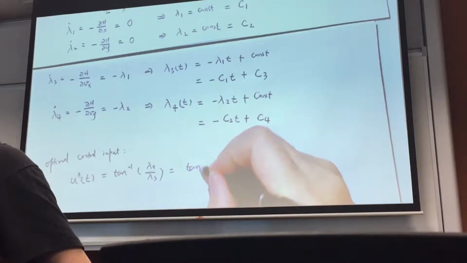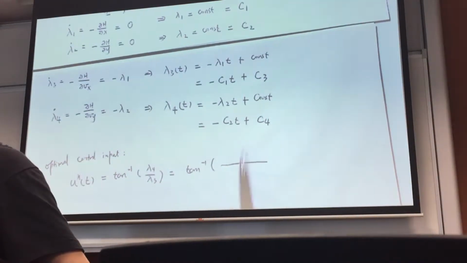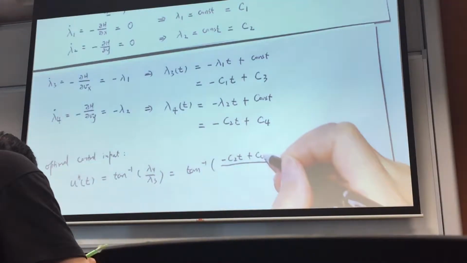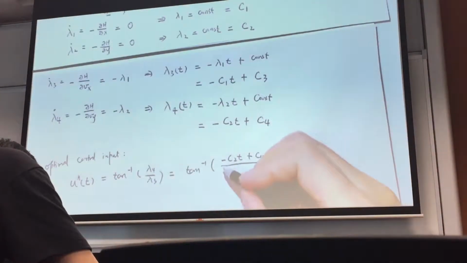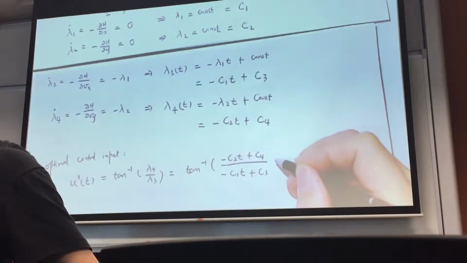So it becomes arctangent of lambda 4, given by minus C2 t plus C4, divided by minus C1 t plus C3.